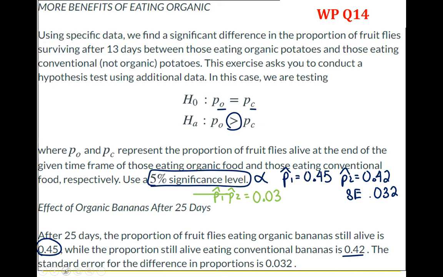Now I got to calculate a standardized score, my z-score. My z-score calculation is going to be the statistic, the subtraction, minus the null. Well, what's the null? The null comes up from here. P0 minus PC equals 0 because nothing going on, divided by the standard error, 0.032.